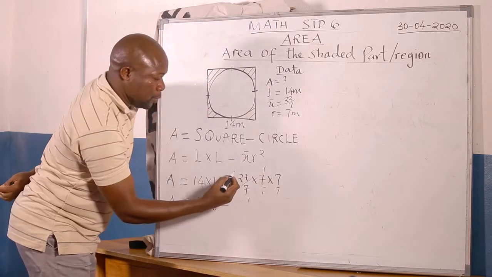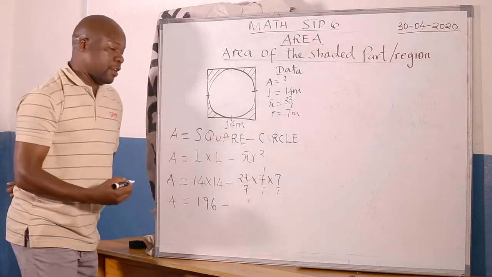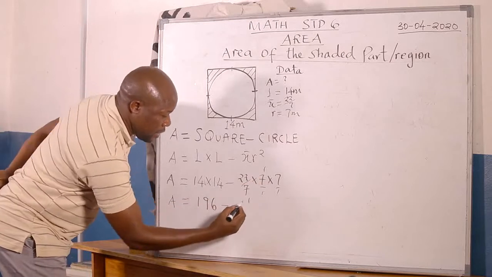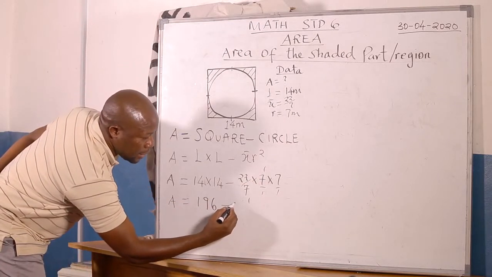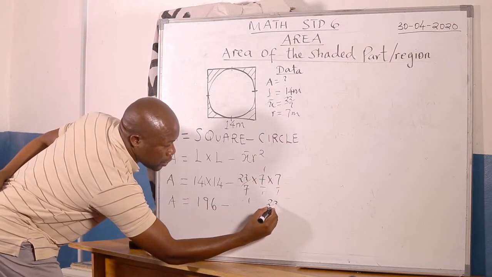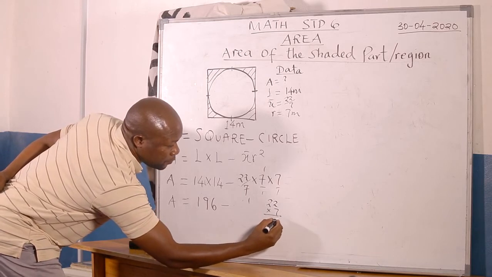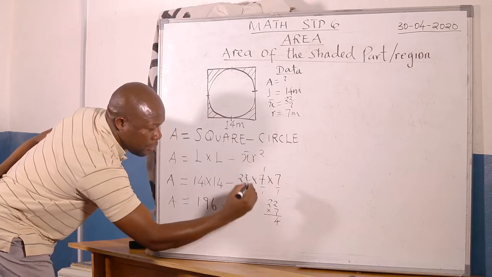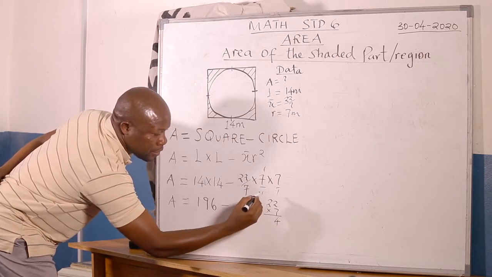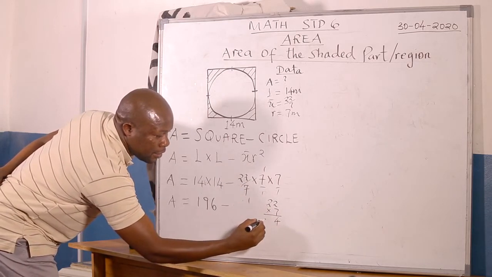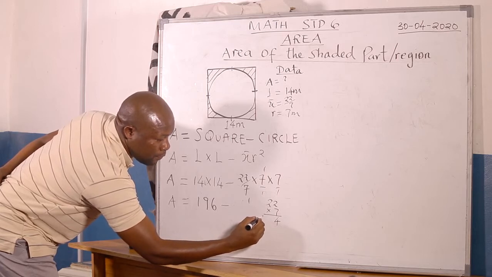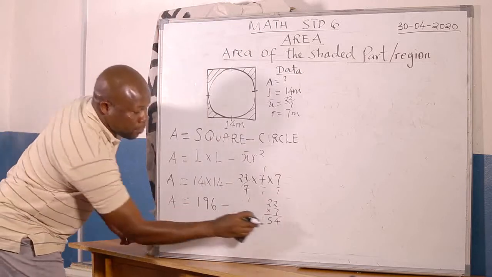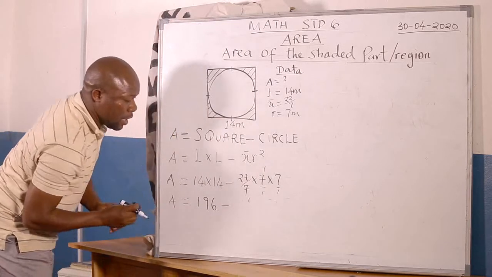What is 22 times 1 times 7, dear pupil? 22 times 1 times 7 is equal to, let us do it together here, 22 times 7. 7 times 2 is 14, write 4, carry 1. 7 times 2 is 14 plus the 1 we had carried is equal to 15. Therefore, 22 times 1 times 7, dear pupil, is 154.